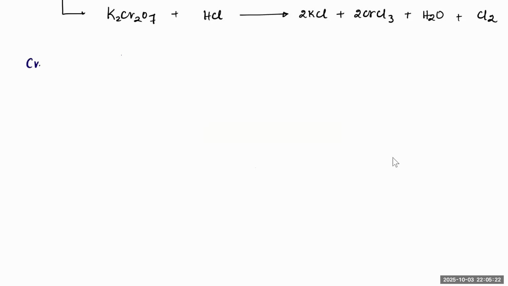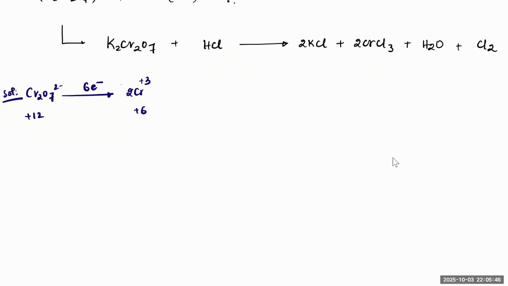See, one thing I know is that Cr2O7 2 minus is converting into 2 moles of Cr plus 3. Because I can remove this chloride separately. So from plus 12 it is changing to plus 6. So 6 electrons have been transferred. Okay, overall 6 electrons have been transferred. From which part?